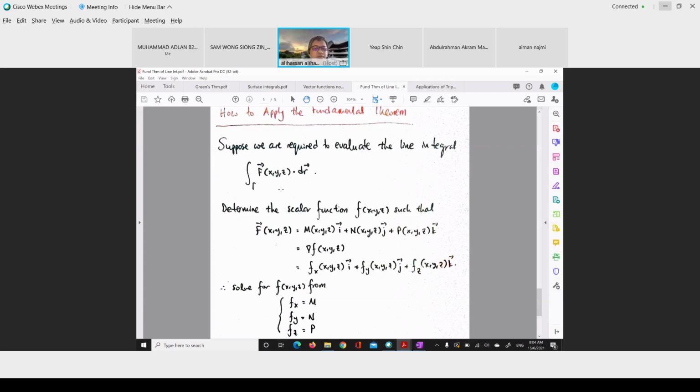Okay, let's recall this idea of the fundamental theorem of line integrals, and the vector-valued functions.